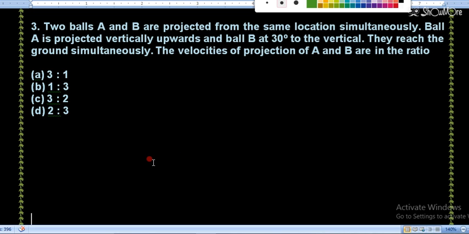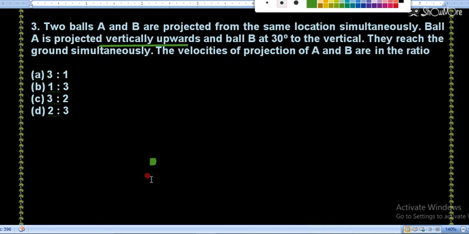For the first projectile, which is A, let's suppose this is body A. Both are projected from the same location. Ball A is projected vertically upward, so this ball is going vertically upward directly, because no angle is given. That means he is saying vertically upward.